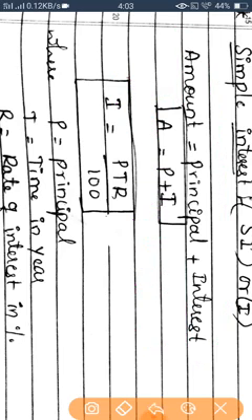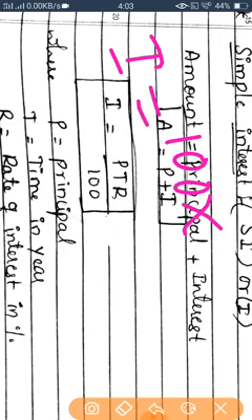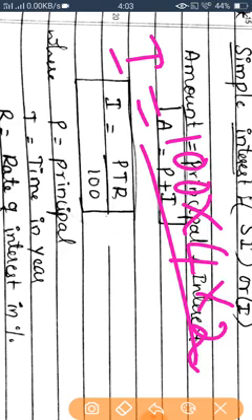Then how can we calculate interest? Interest we can calculate as principal, for the 4 years, for the rate of interest 2, multiply it all, and divide by 100, because for every 100 it is a percentage.